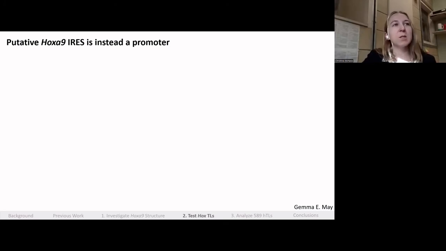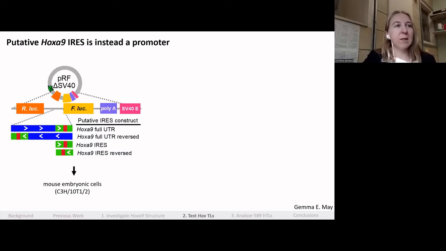Now, thinking about these controls and how the HOXA9 transcript leader was misannotated, we hypothesized that the annotated HOXA9 transcript leader is actually a promoter. To investigate this, we ordered the same bicistronic reporter that Barna used, but deleted the SV40 promoter.